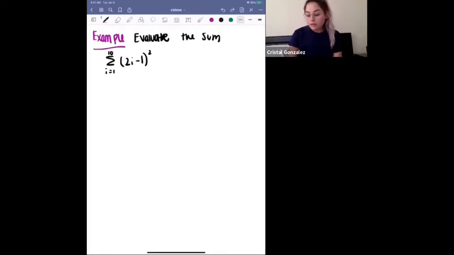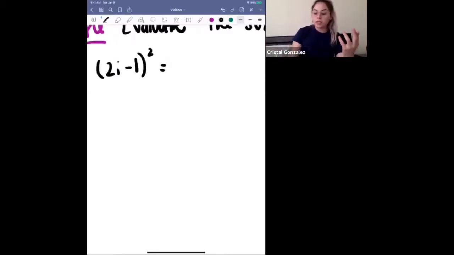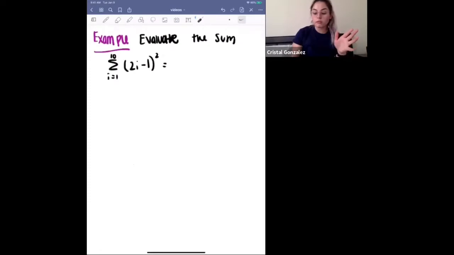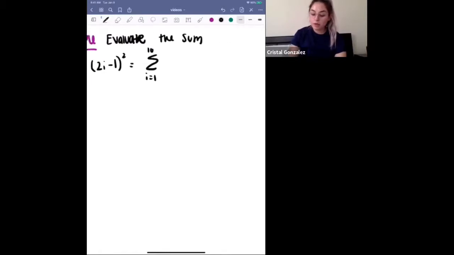The first thing I would do, since this one isn't too bad, is that this 2 out here doesn't really help me that much. So I'm going to FOIL it out, or just use my distributive property, from i equals 1, and if I FOIL this out, I'm going to get 4i squared minus 4i plus 1.